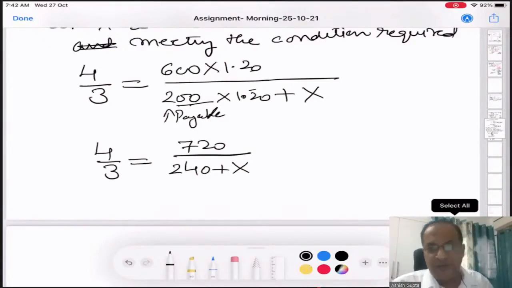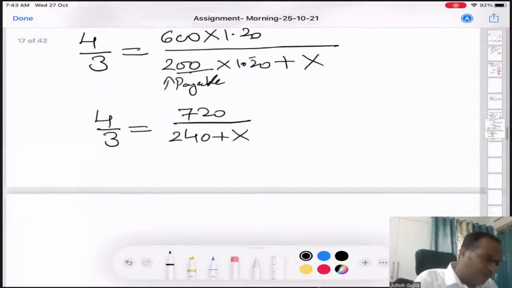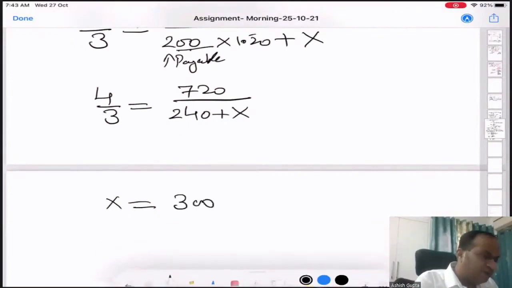Very good. Divya, your answer is correct, beta. Okay, students. The value of X will be 300.